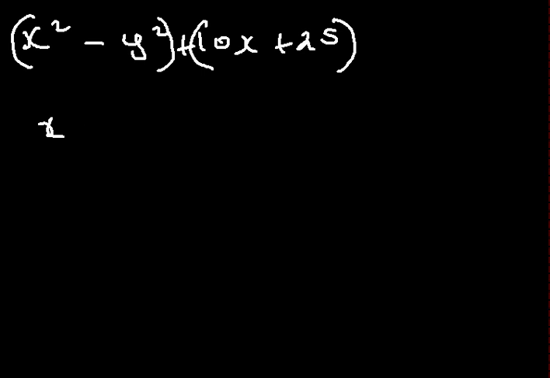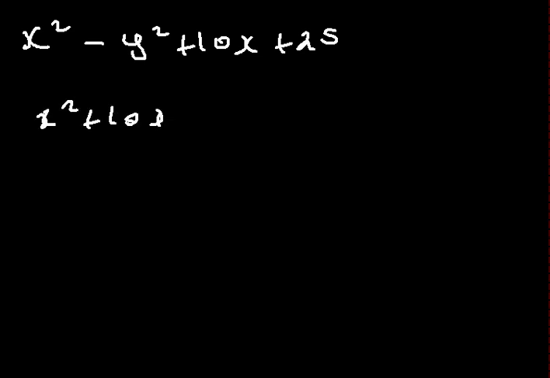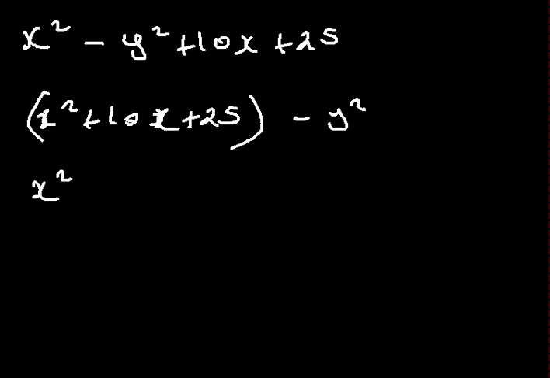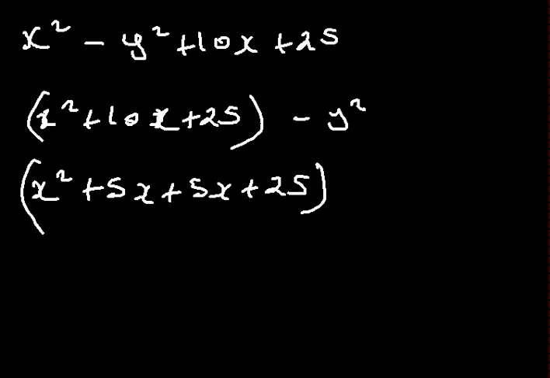So we can have it actually being grouped in this way, where you group x squared plus 10x plus 25, because this expression can be factorized using the trial and error technique. So we'll have it as x squared plus 5x plus 5x plus 25, and in that case you have it as y to the power 2.